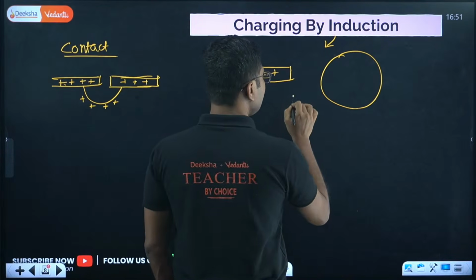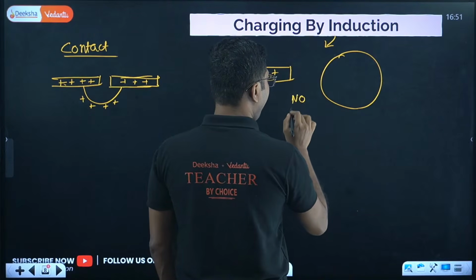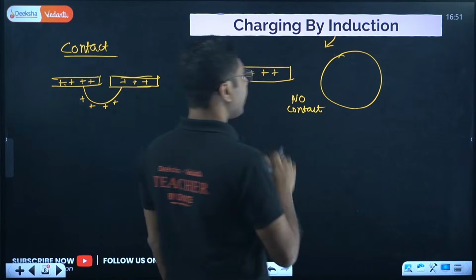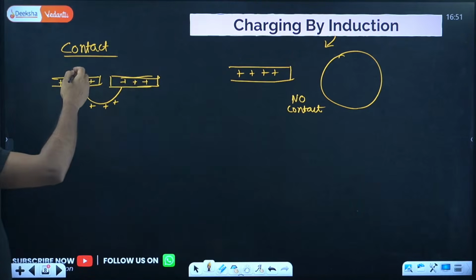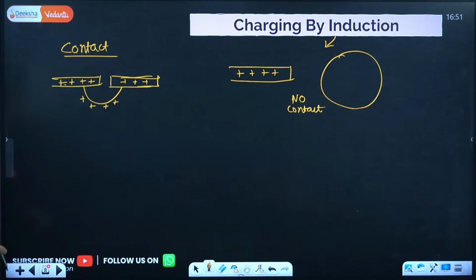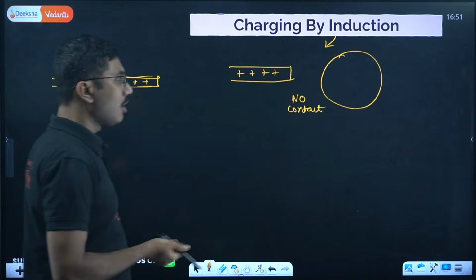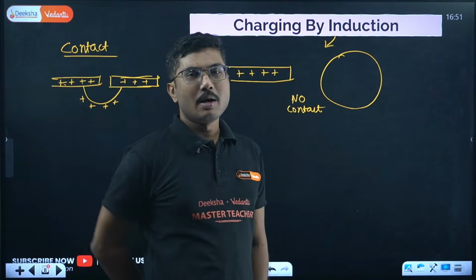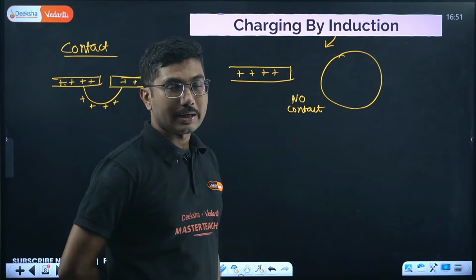Here there is no contact. Either you connect them using some conducting wire, or you bring the charged object near an uncharged object, but you do not keep them in contact.